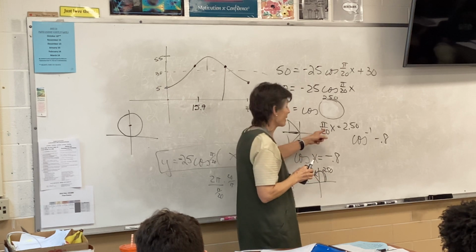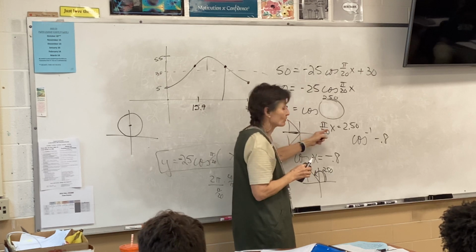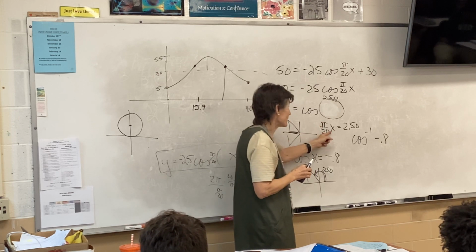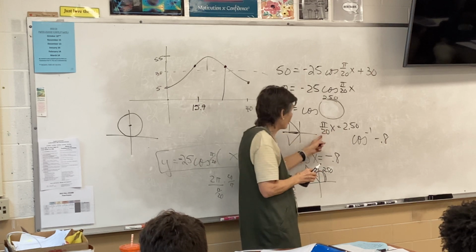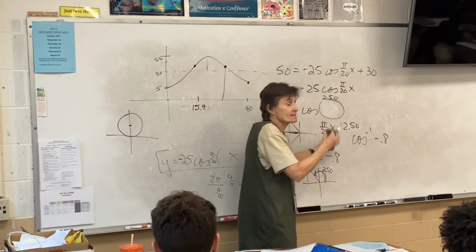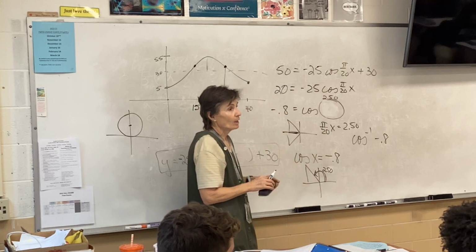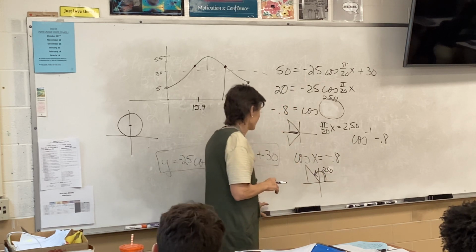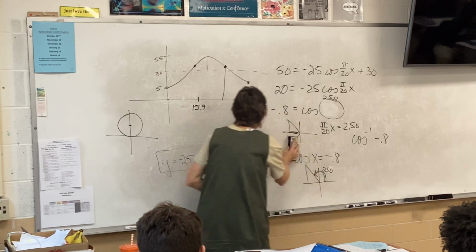And then I'll go back and say, if the angle's name is pi over 20x, then pi over 20x has to be that angle. It has to be 2.5. So what does that make the x in the problem? 15 point whatever. Okay? All right, one more.